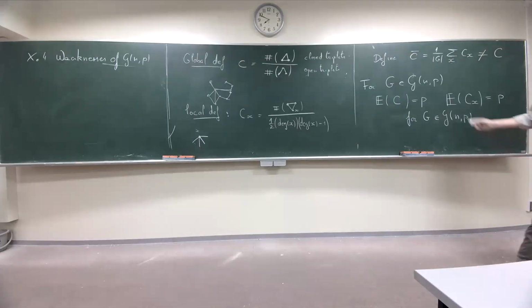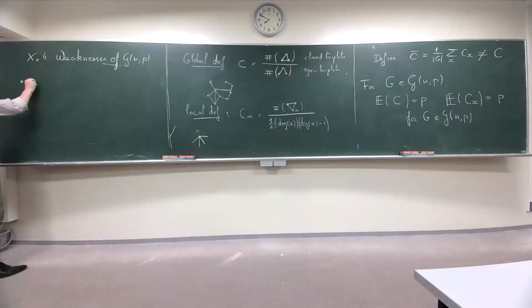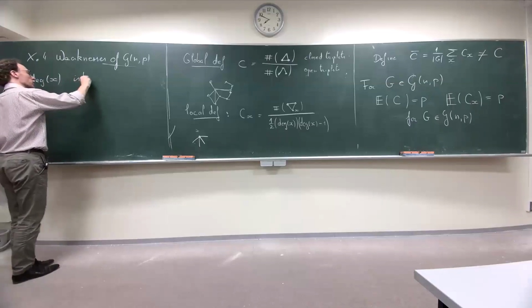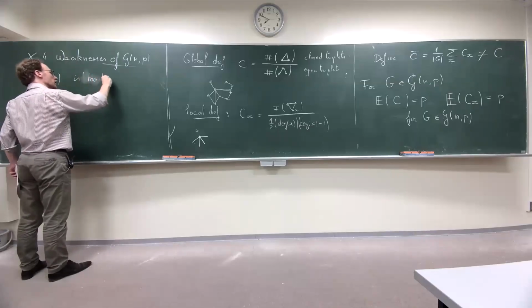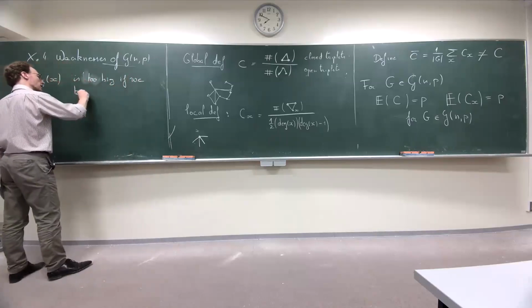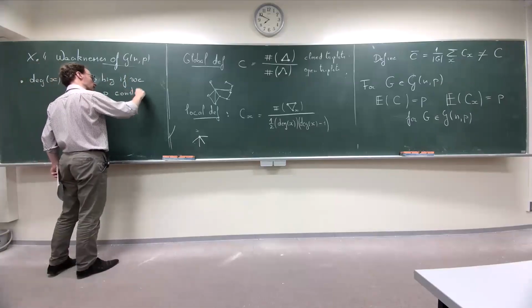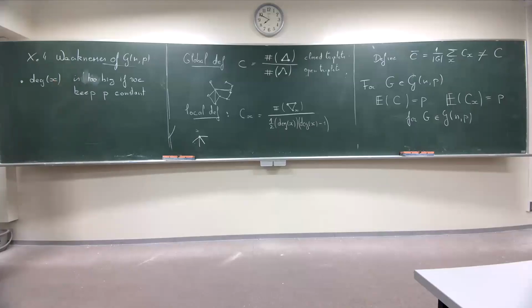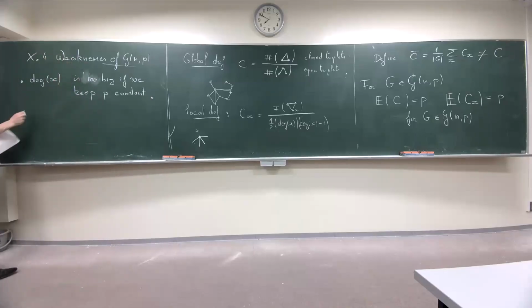The first thing we have seen is that the degree of X is too big if we keep P constant. But of course, we have seen that we can rescale and do something for this problem.